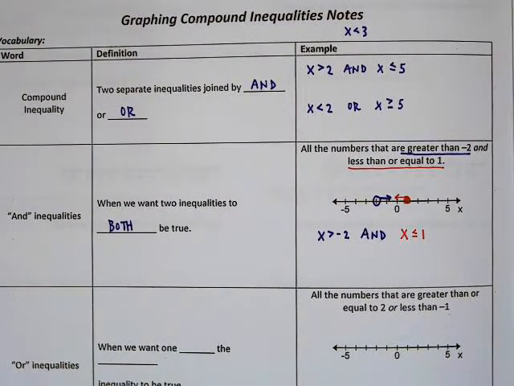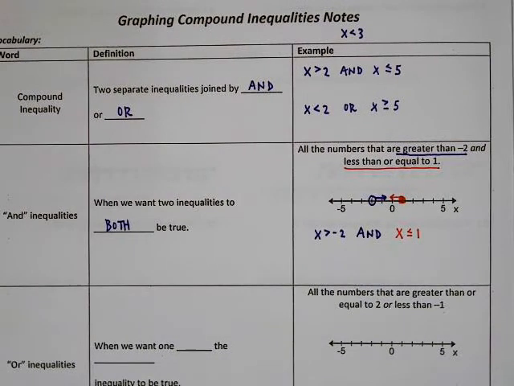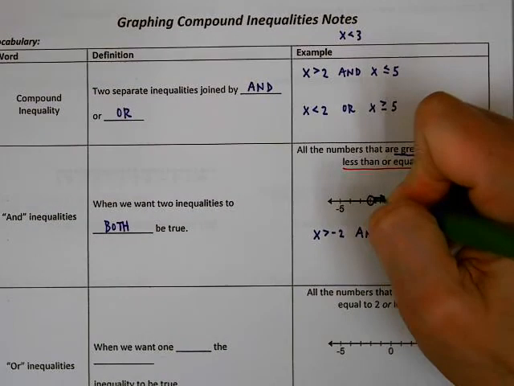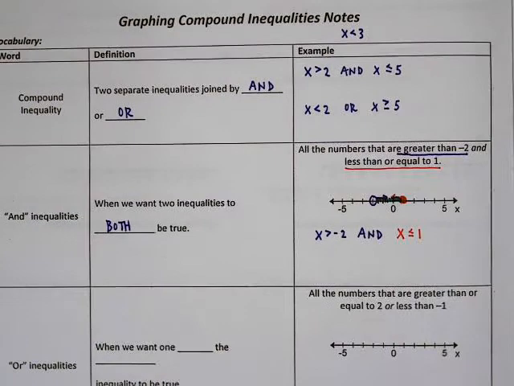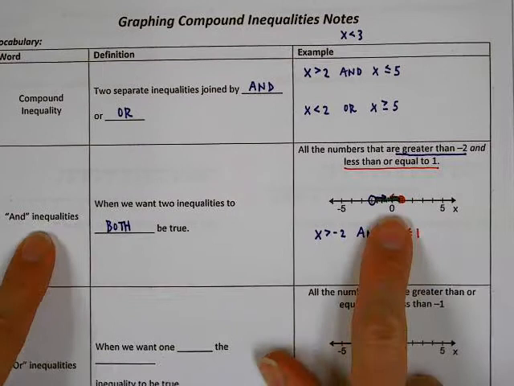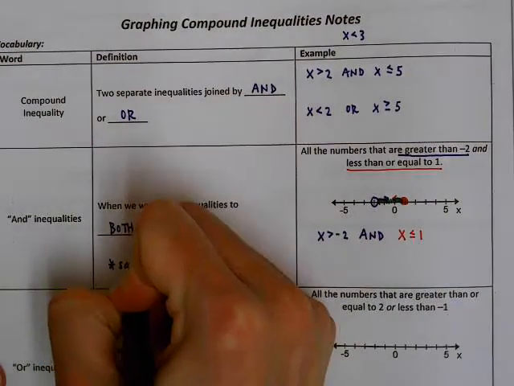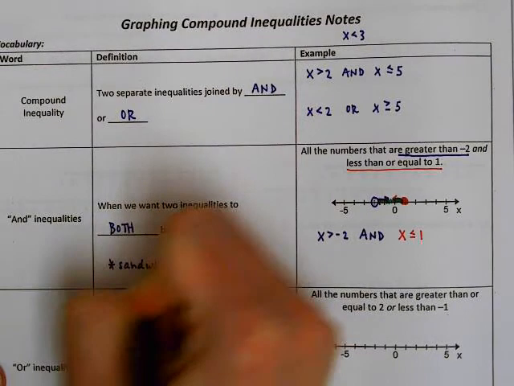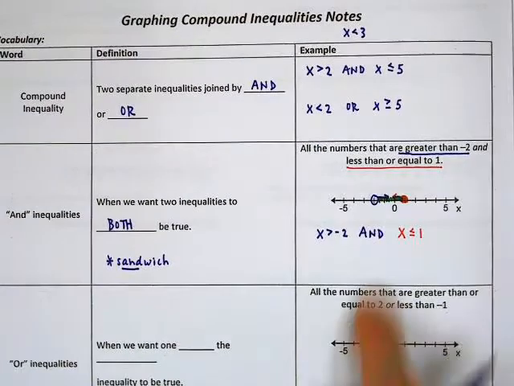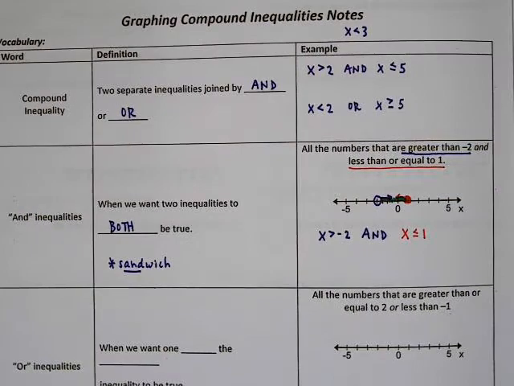Since I want both of these inequalities to be true, I'm going to shade in where they overlap, which is everywhere in between. So I would shade in between those two values. I remember and inequalities and their graphs because I think of a sandwich. I see the word and, and I notice that the shading is sandwiched in between those two endpoints.